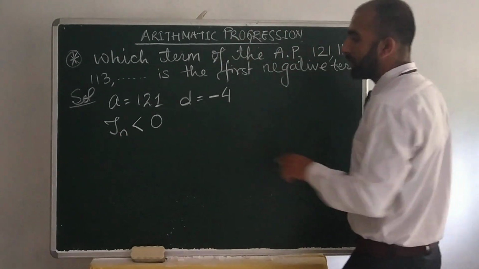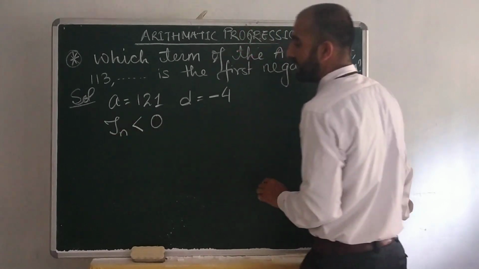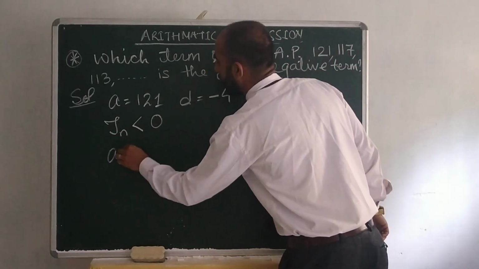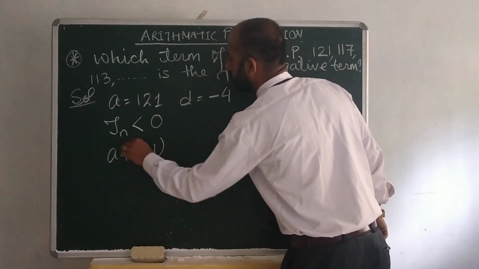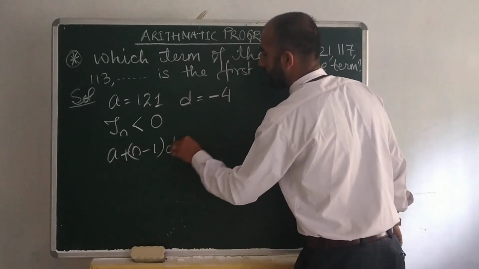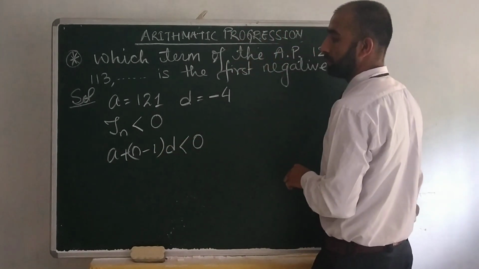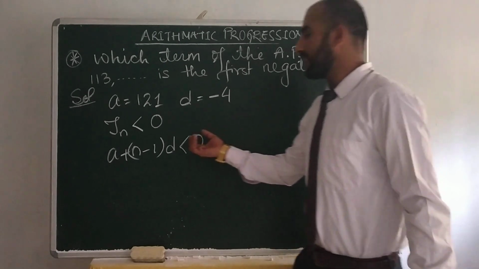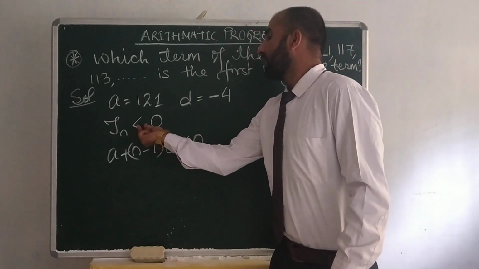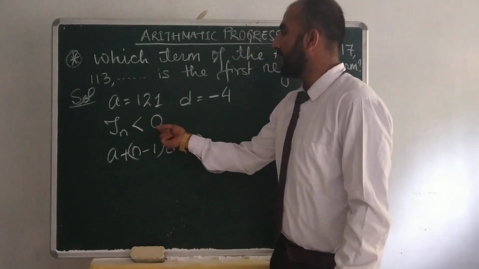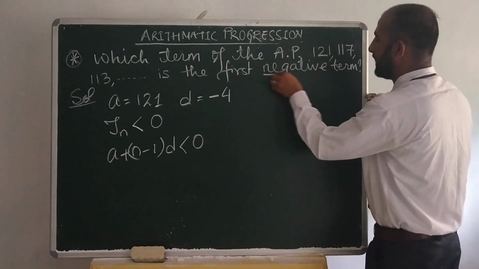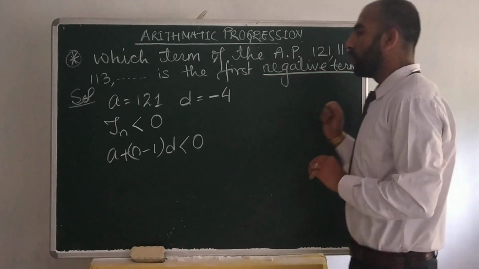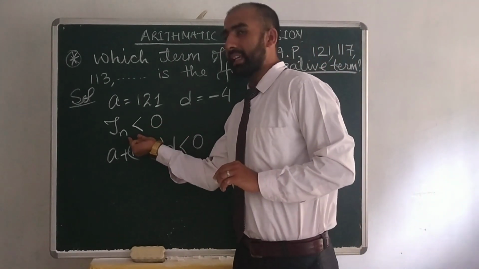So let us go with the formula. Tn formula means a plus (n minus 1) into d is less than 0. Let me tell you once again, kids, that I wrote here less than 0 because we are supposed to find a negative term, and a negative term is always less than 0.